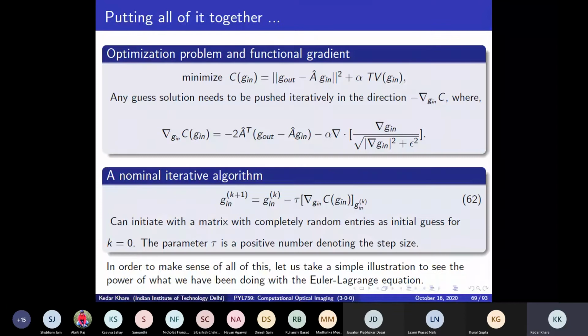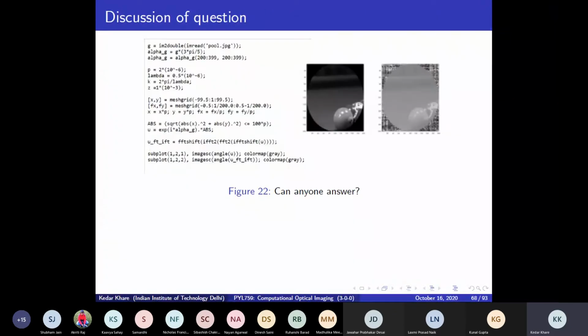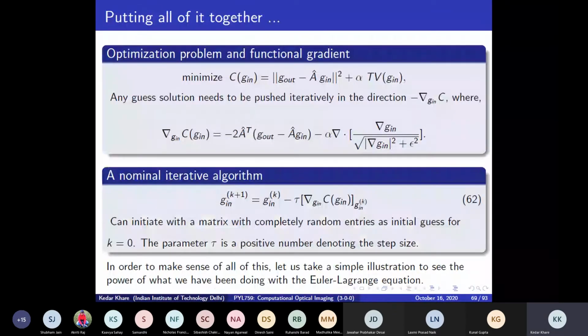So we were discussing this part where we wanted to take the denoising problem, where we have G out as the noisy image, and A hat is an identity operator, and so this has become just a denoising problem. And so G out will be the noisy image that is given to you, and G in is the image that you want to estimate.